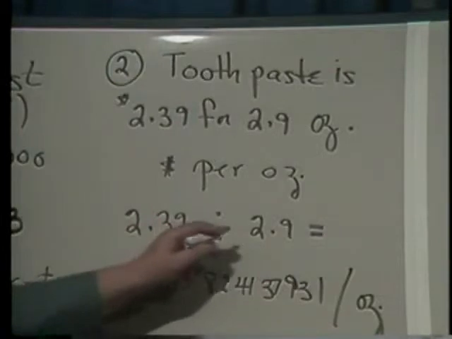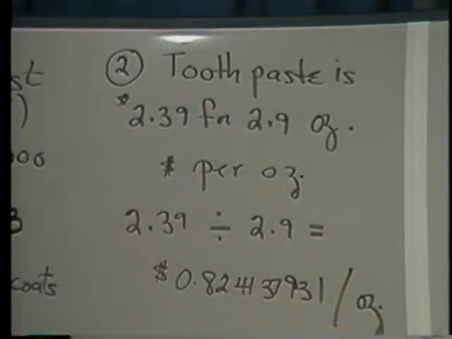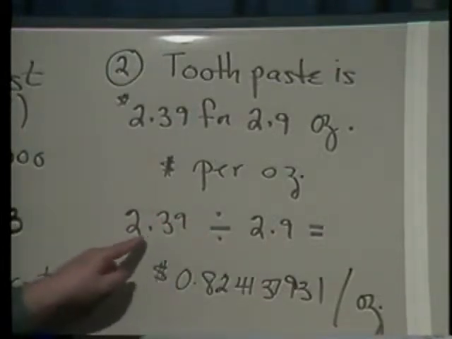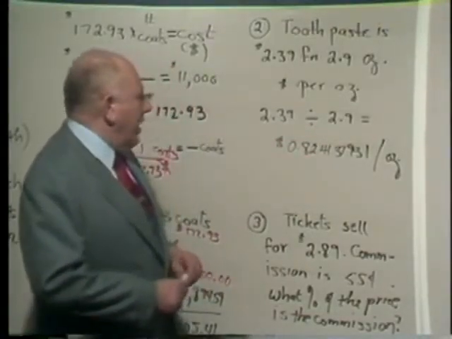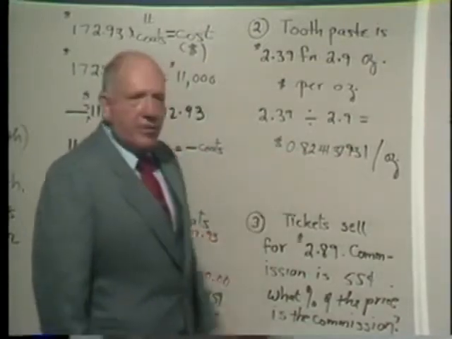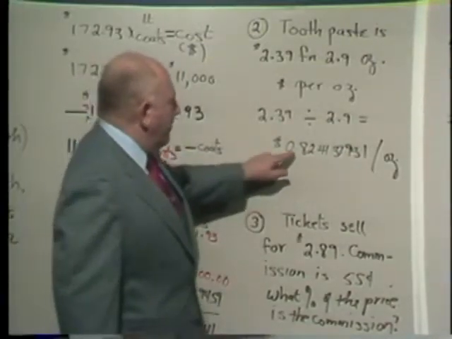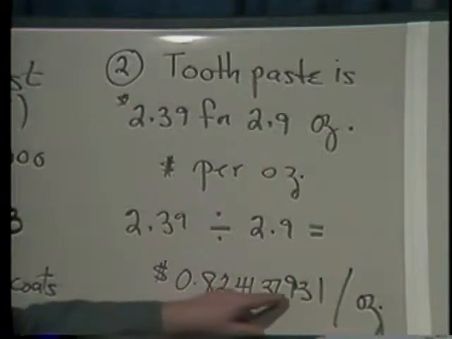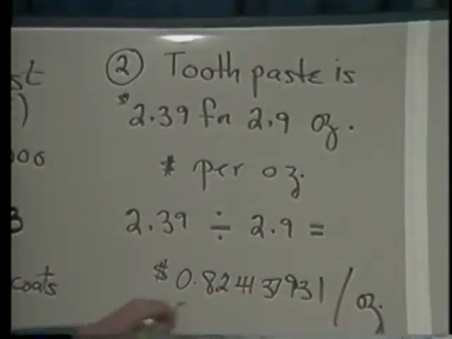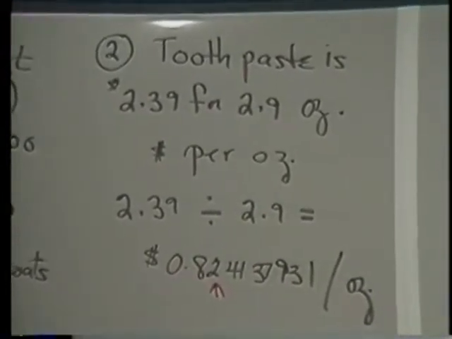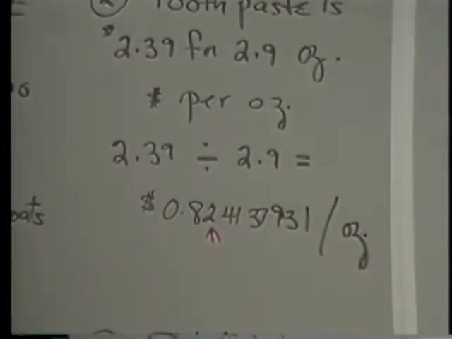The advantage of the calculator is that I just enter the 2.39, press the division sign, enter 2.9, hit the equal sign, and I get a whole maze of numbers here. This is 0.824137931, and that's dollars per ounce. If I round this off to the nearest hundredth, that's going to be 82 cents per ounce.